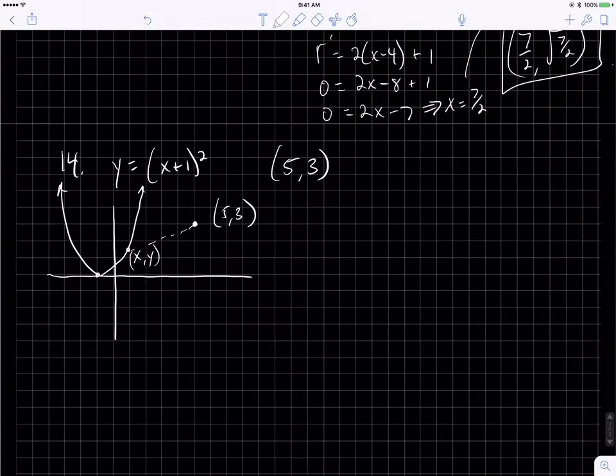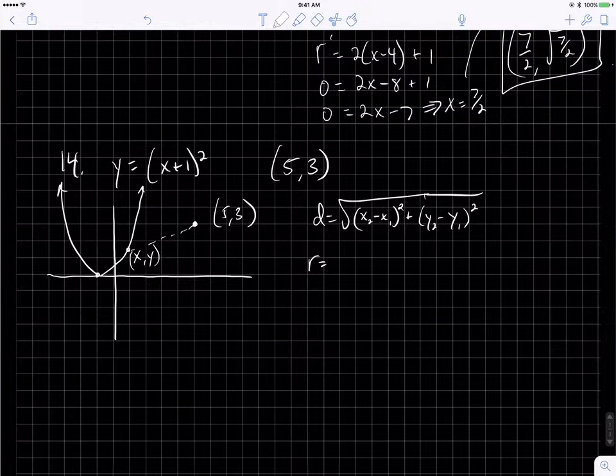So again, the distance formula is the square root of x minus x squared plus y minus y squared. So we're just going to worry about the radicand, and we're going to plug in our x's and our y's. So I've got x minus 5 squared plus y minus 3 squared.